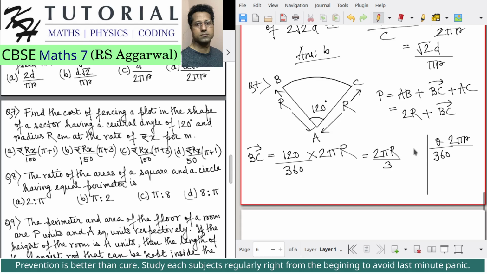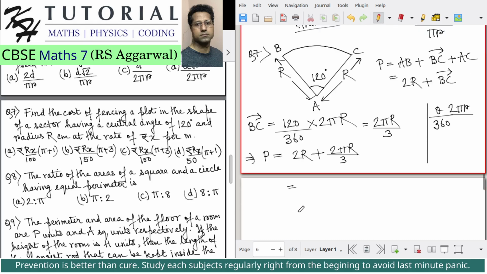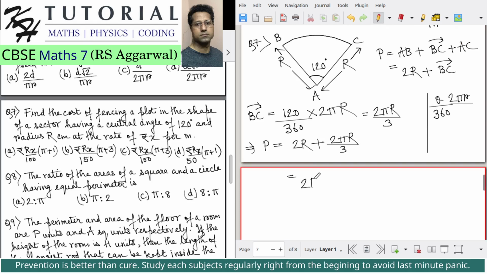So this implies P, the perimeter, is 2 capital R plus 2 pi capital R by 3. If I take 2R common, I have 2R into (1 plus pi by 3).